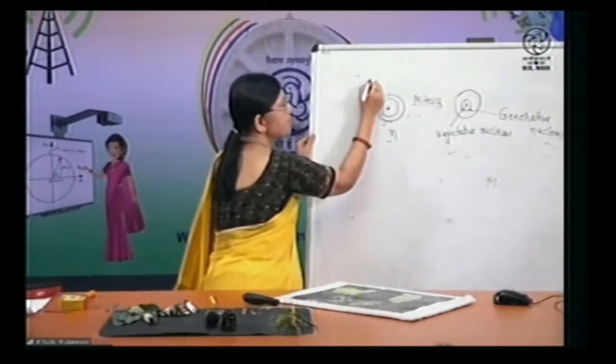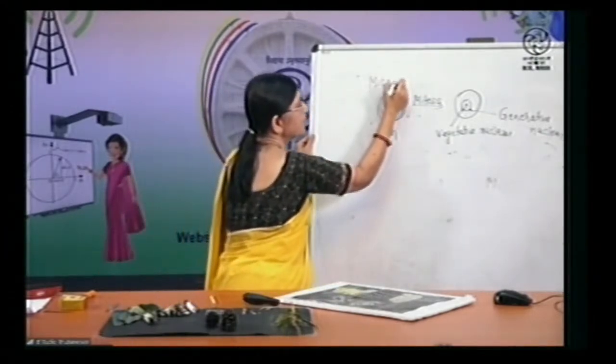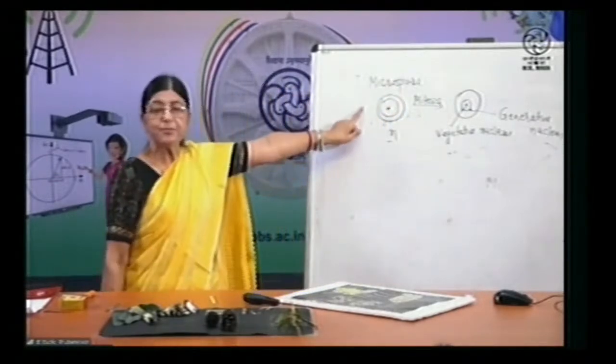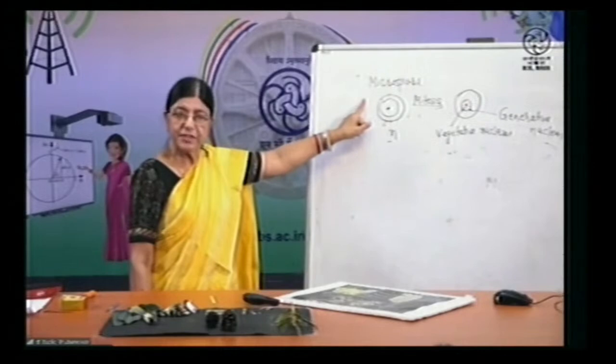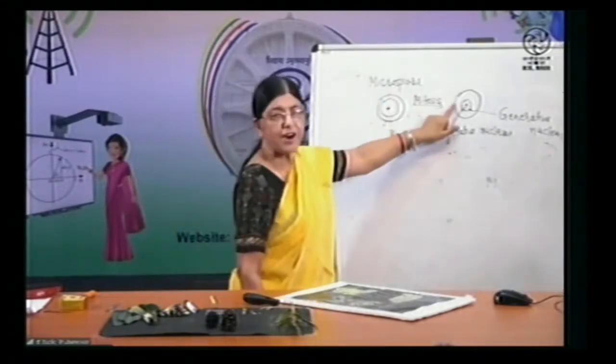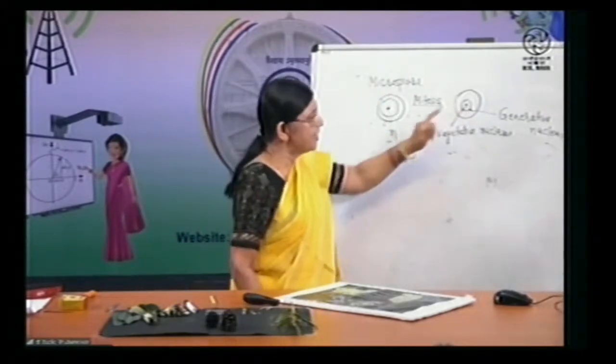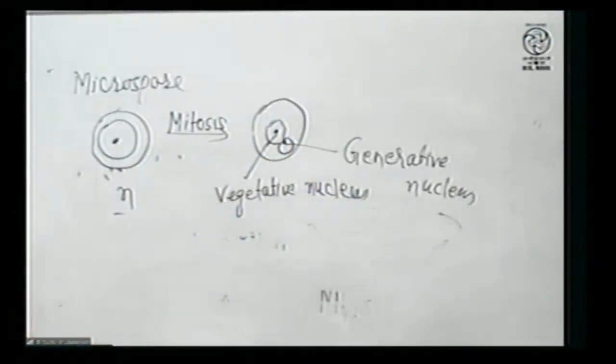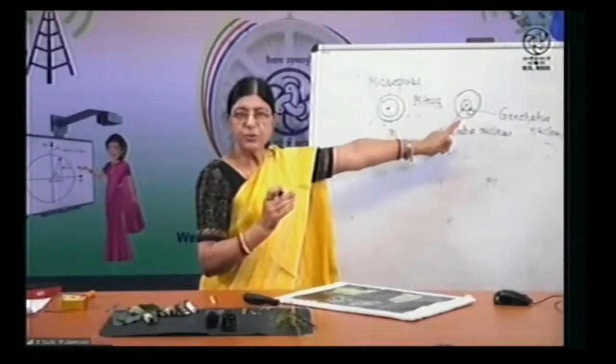So this was the microspore. Please remember, microspore is always a single cell. Whenever it divided and became two-celled, because each of the nuclei will gather some amount of cytoplasm around it, now we can say they are two-cell structures.